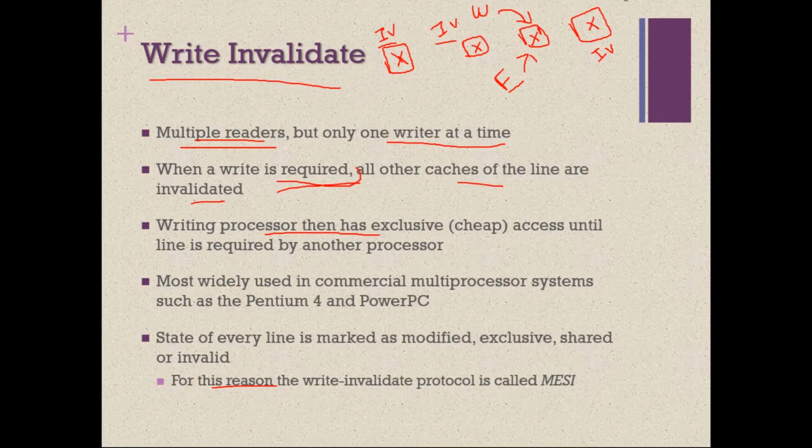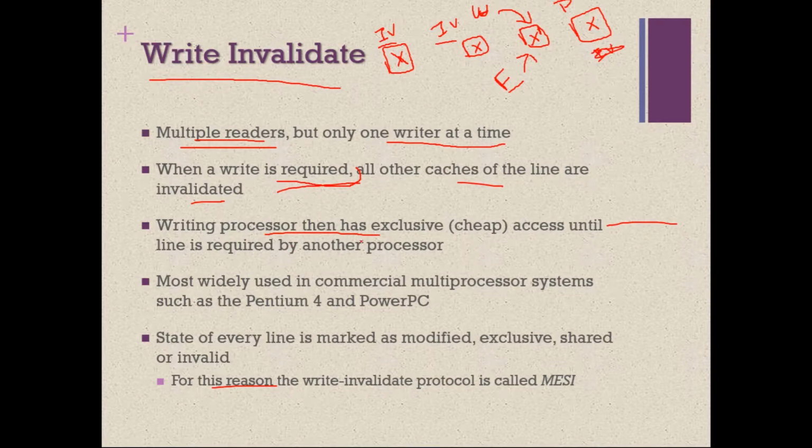Say it is modifying the line, and after modifying, say after 2 or 3 minutes, some other processor asks that now it wants X. Now that processor can access X because it is already modified and no more write is going on. Now maybe it is a read, so again both of them can share. That's what it means.